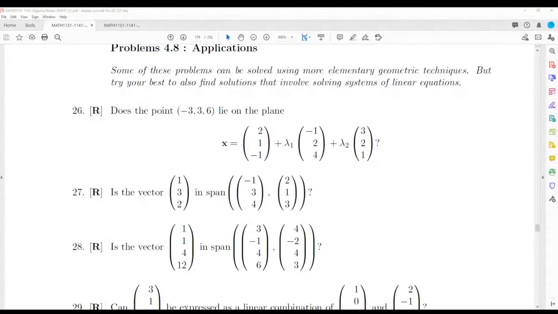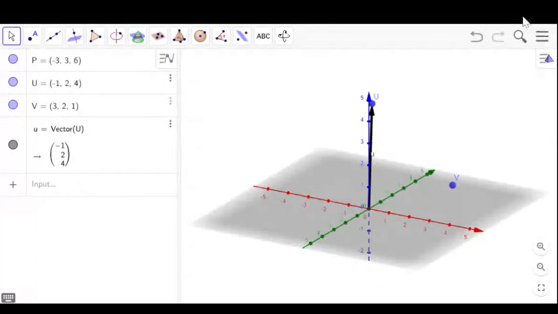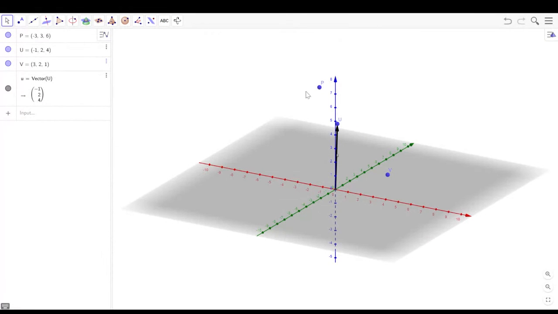Okay. So I can move over now to GeoGebra. I should be able to share that with you. And so here I put 3 points in three-dimensional space, and I'm just putting these vectors in.